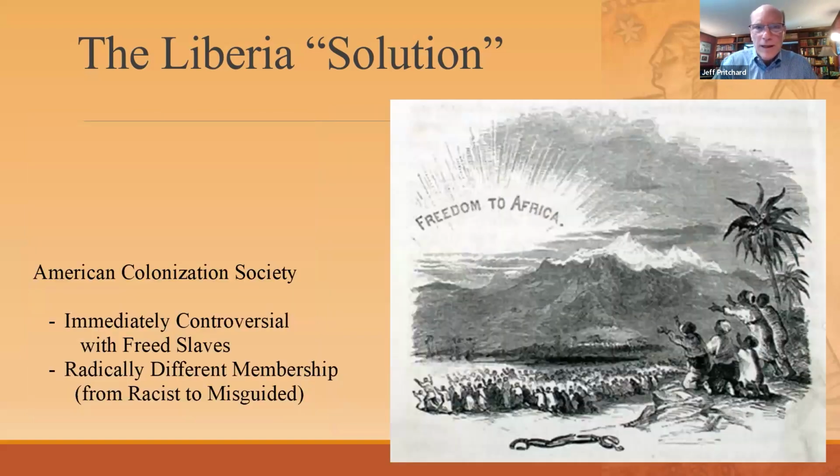Now, one of the interesting things about this colonization society is it attracted members and supporters from absolute opposite ends of the spectrum. I mean, this is the epitome of strange bedfellows. At one end of the spectrum, you've got slaveholders. Slaveholders wanted freed slaves removed from the country.